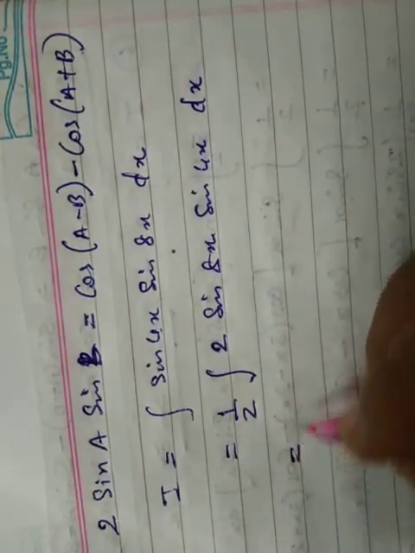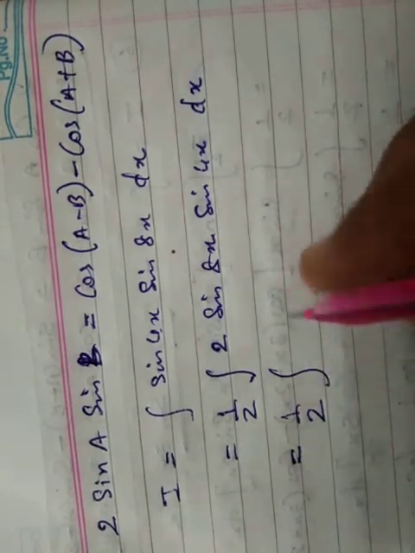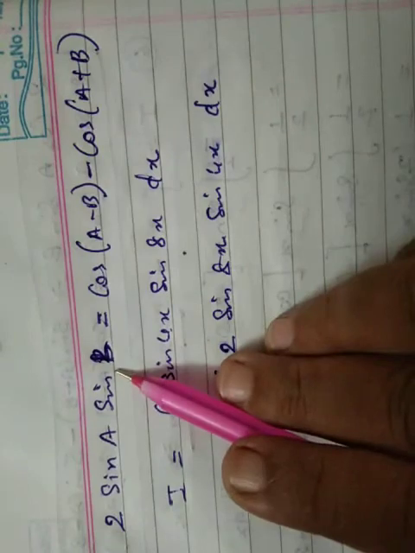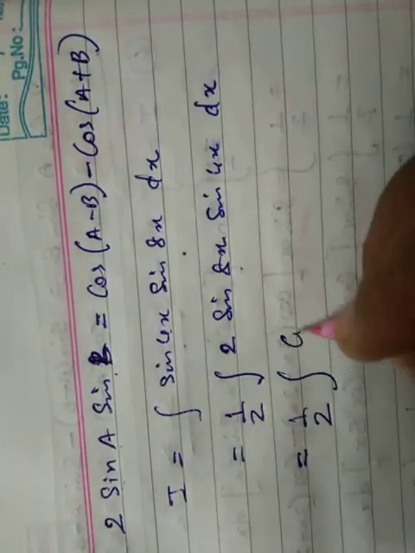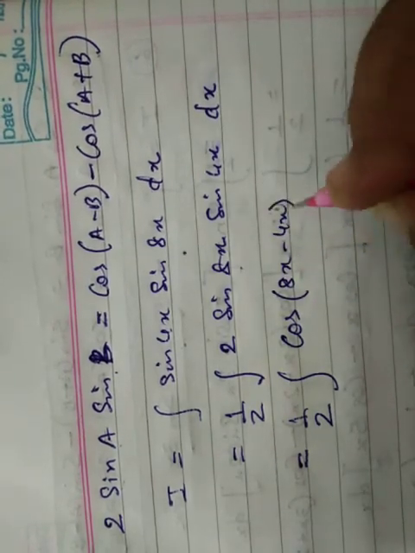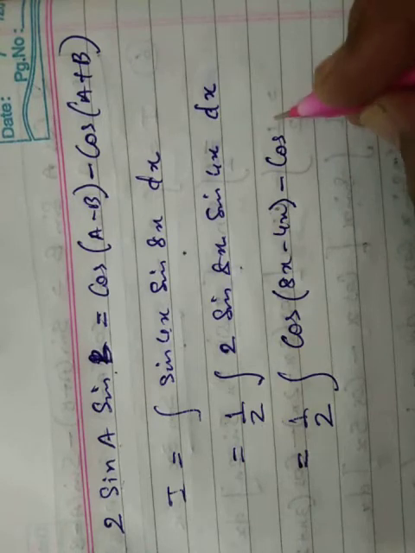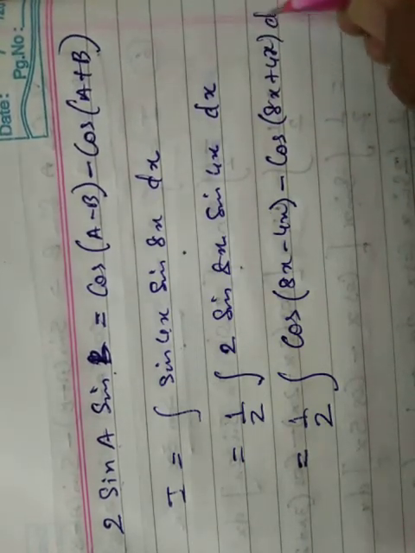So over here I'll write it as 1 upon 2 integral. I'll apply this formula over here. A is 8x and B is 4x. So I can write it as cos of 8x minus 4x minus cos of 8x plus 4x dx.